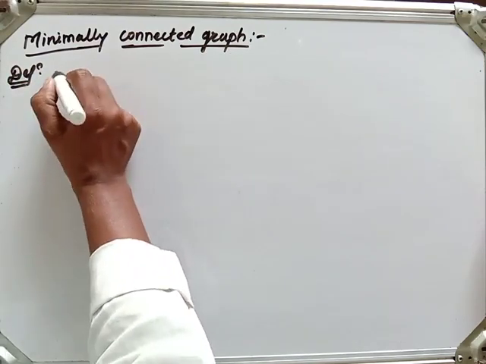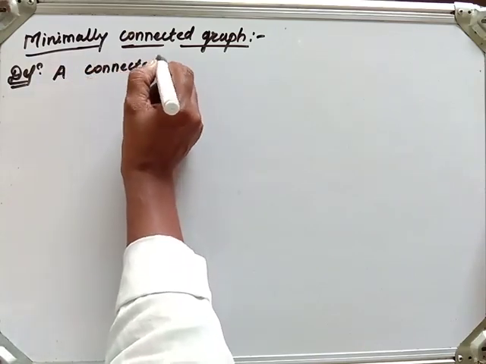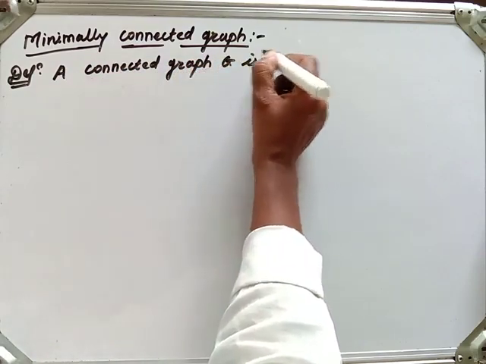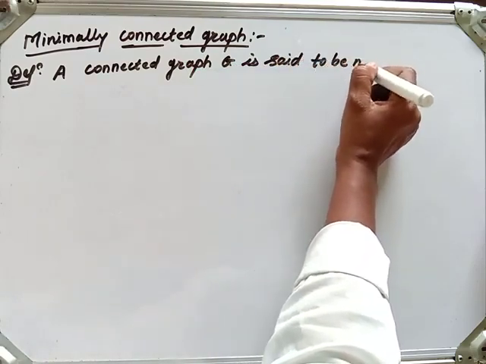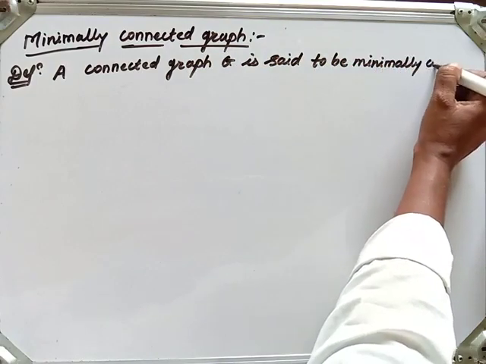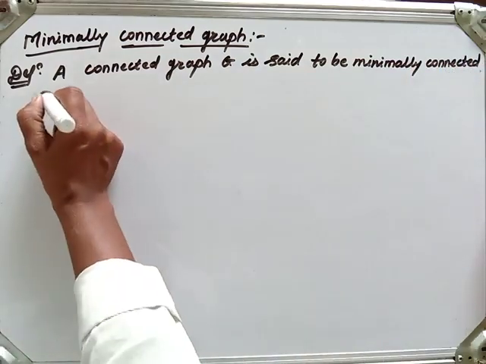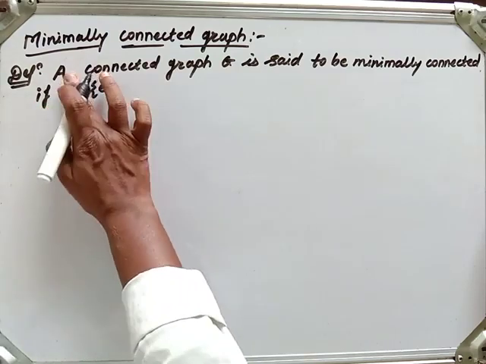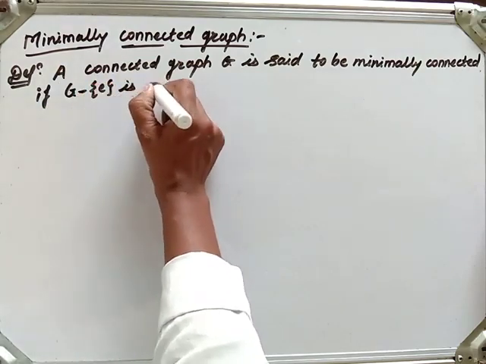Okay, so a connected graph G is said to be minimally connected if G minus {e} is disconnected.